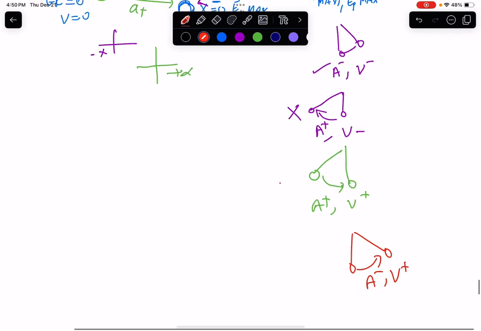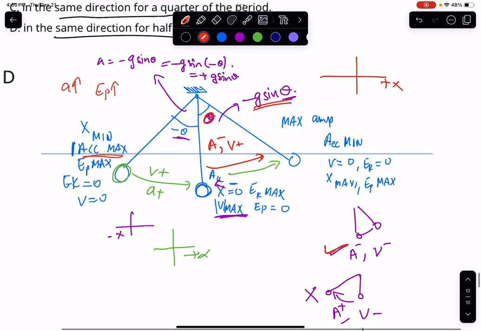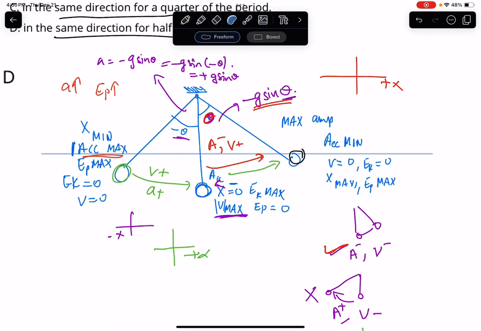So as you can see, the acceleration and velocity are in the same direction for two sections, and they're not in the same direction for two sections, right? And so as you can see, we were also analyzing only one period. So this is one period when the pendulum starts at a position, goes all the way to the left, and comes back. Okay?